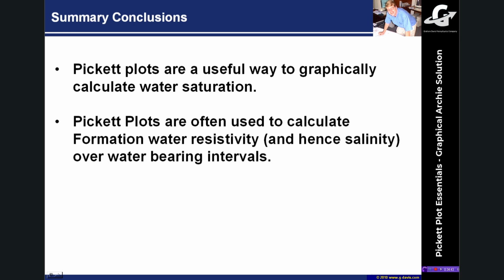We often use Pickett plots to extrapolate a formation water resistivity. So if your petrophysicist says, oh yes, I calculated the water salinity by Pickett plot method, then now you know what he means. He's basically extrapolating the data to intercept the 100% porosity point at the fluid resistivity.